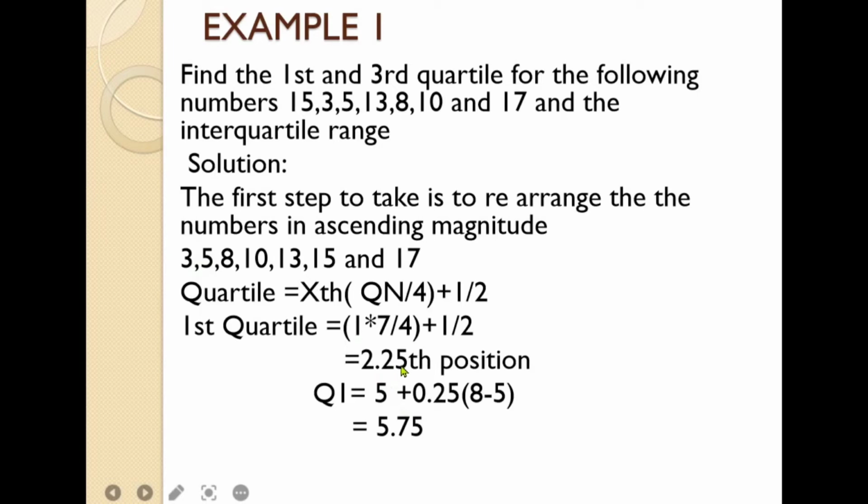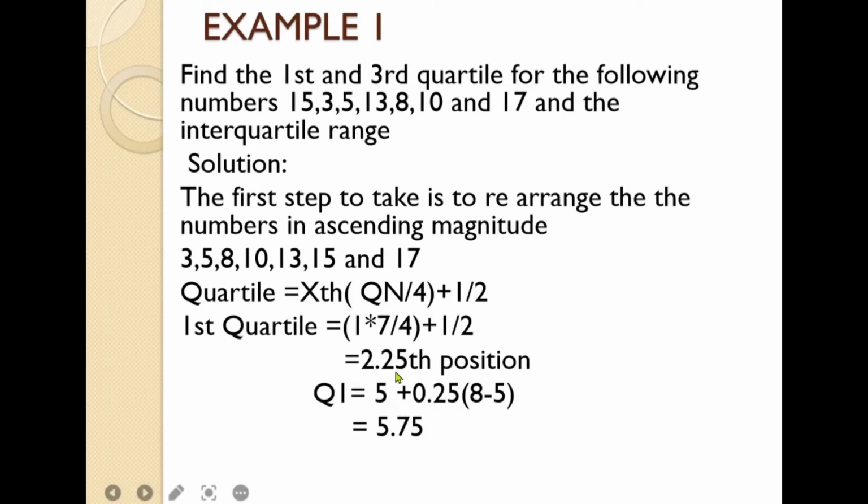Now we need the 0.25 between the second and the next number. So, of course, the 0.25 will lie between 5 and 8. We can't get the exact value, so we need to look for the 0.25 of the difference between 8 and 5, which is the next number. And that is how we got 5 plus the remaining 0.25.